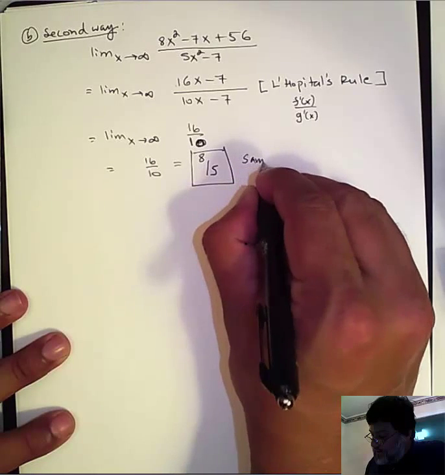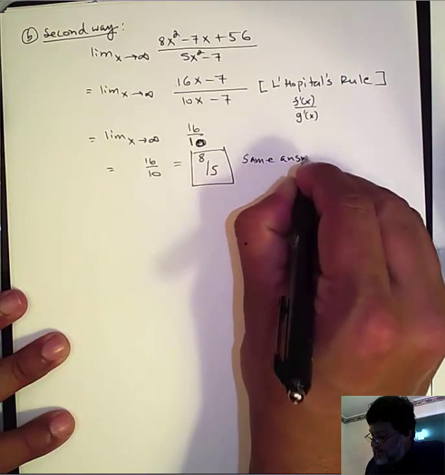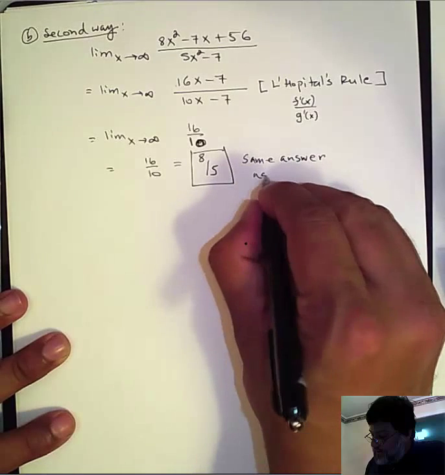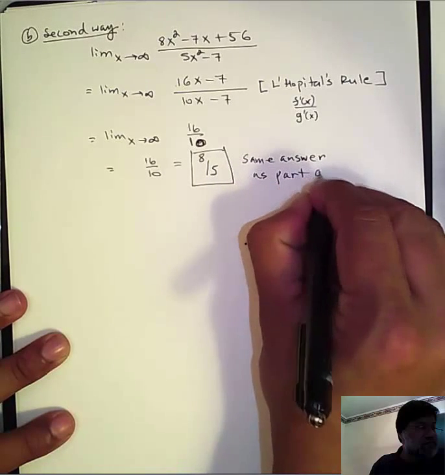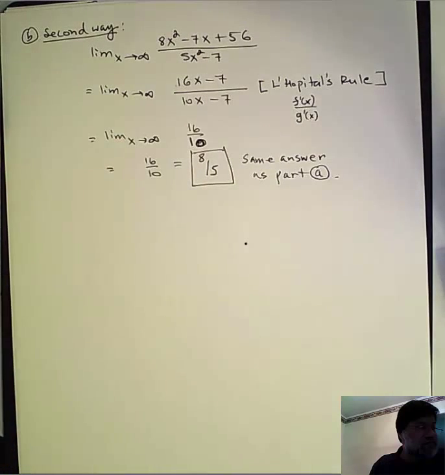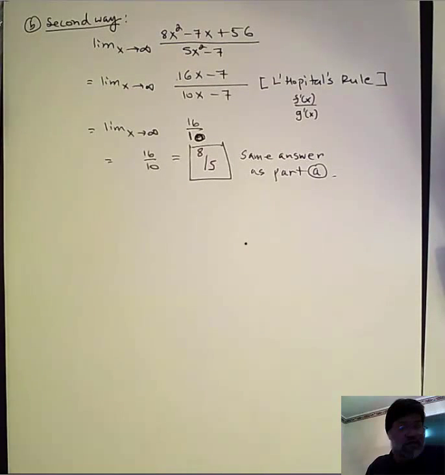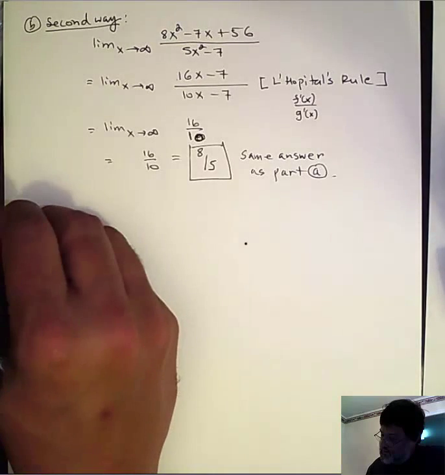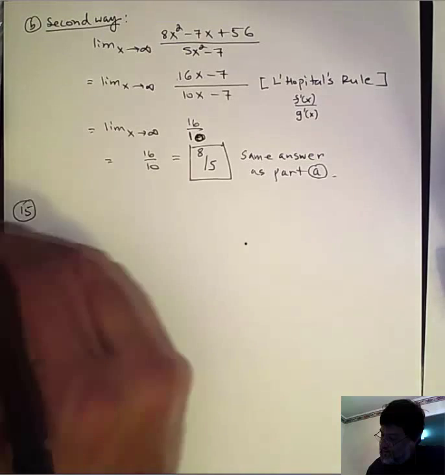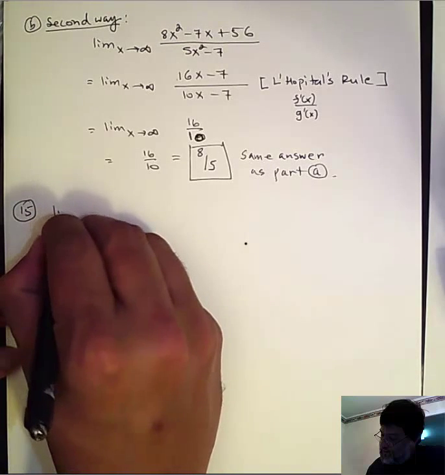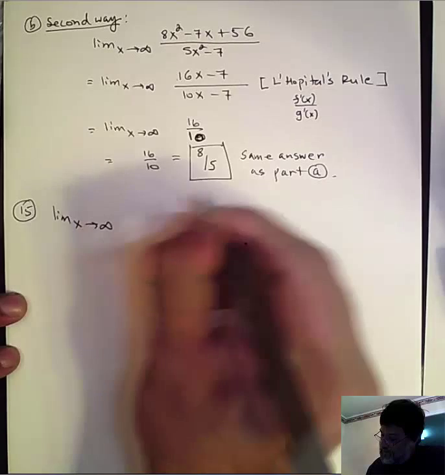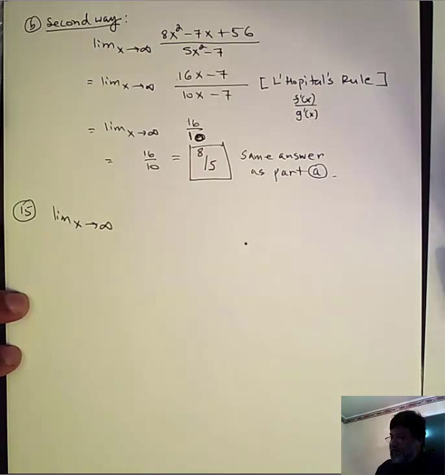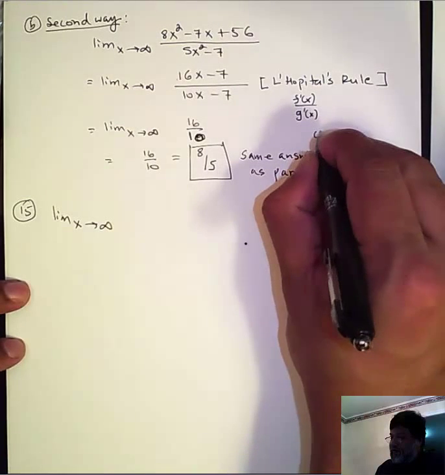Same answer as before in part A. Go to the next one. Evaluate using L'Hopital's rule. This is number 15. And the choice for 14 is choice B.